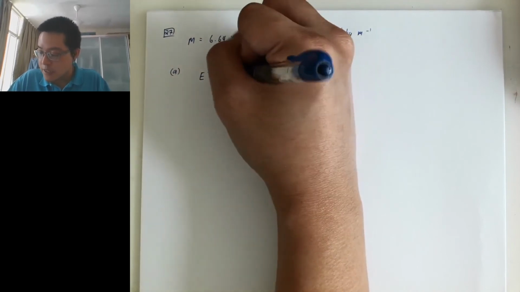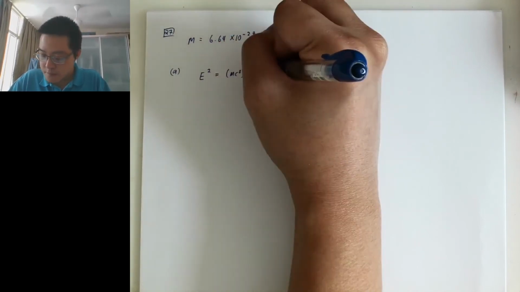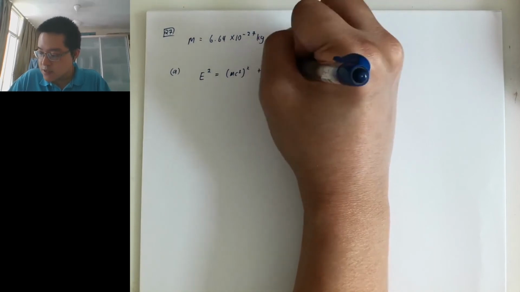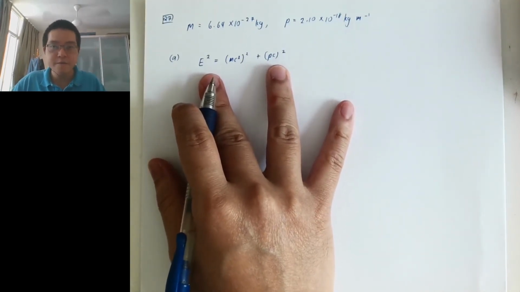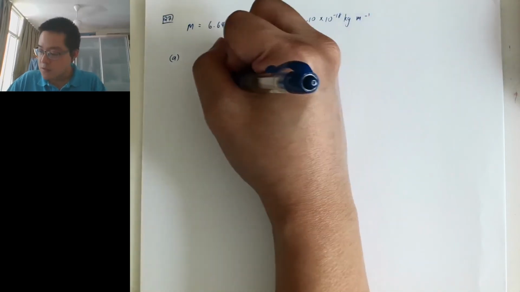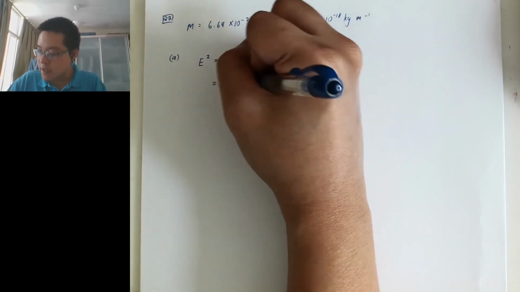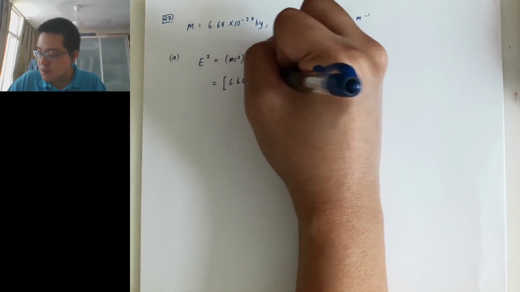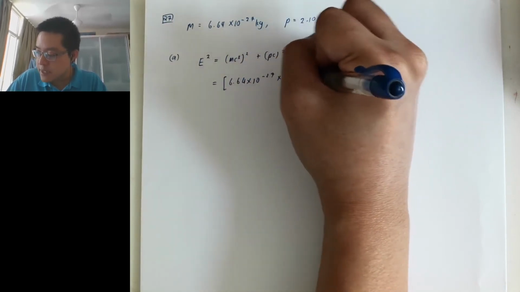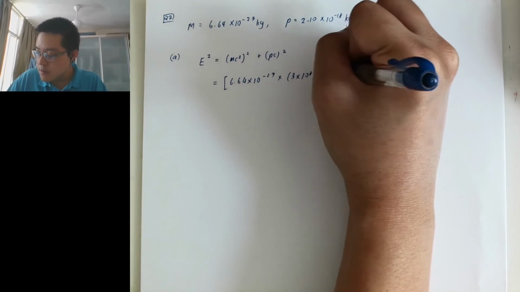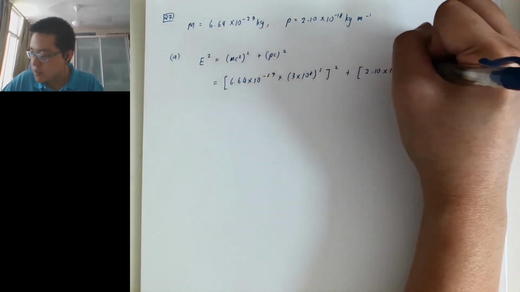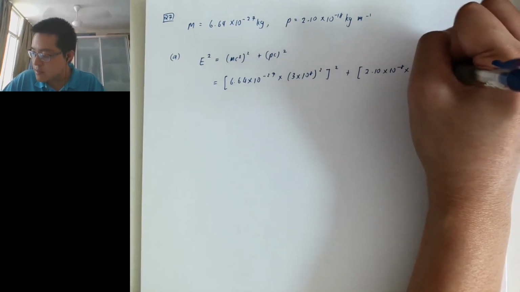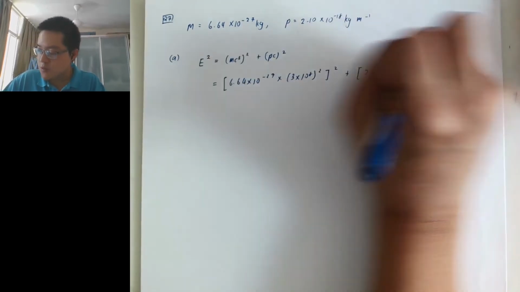Remember, the energy formula is just E squared equals (mc squared) squared plus (pc) squared. This is the formula for the total energy which I derived at the end of Monday class. So we just need to calculate everything together. So 6.64 times 10 to the minus 27 times the speed of light squared, and then the momentum 2.10 times 10 to the minus 18 times the speed of light, and I square this.